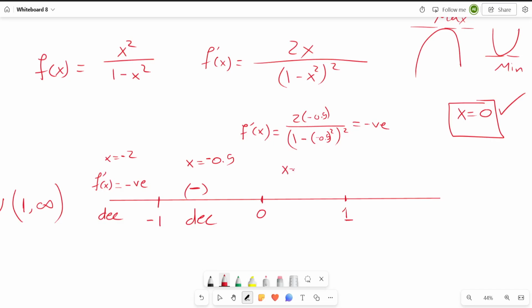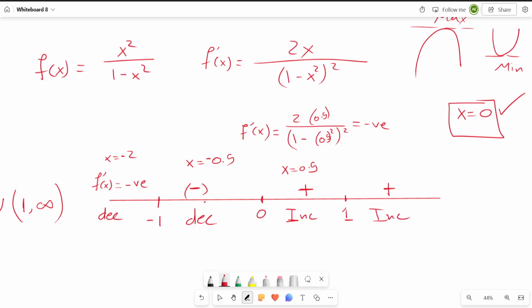Let's take x equals 0.5 over here and try to substitute. This is going to give me a positive answer. It means that it's increasing over here. And then greater than 1, if I substitute 2 into f dash of x, it's also going to give me a positive answer. So this part is also increasing.